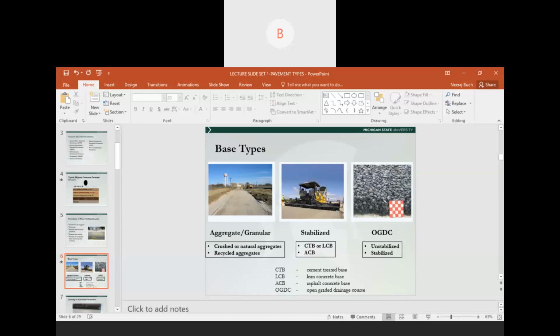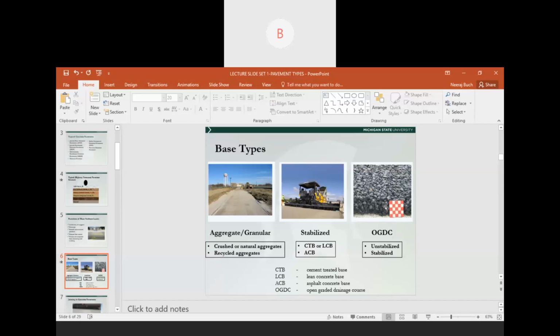The third kind of base that can be used for drainage purposes is known as an open graded drainage course. So in this case, you are creating large voids between the aggregate particles such that when water gets through the concrete pavement, this layer serves as a drainage layer and makes sure that the water leaves the concrete pavement and does not accumulate under it and cause other structural problems.